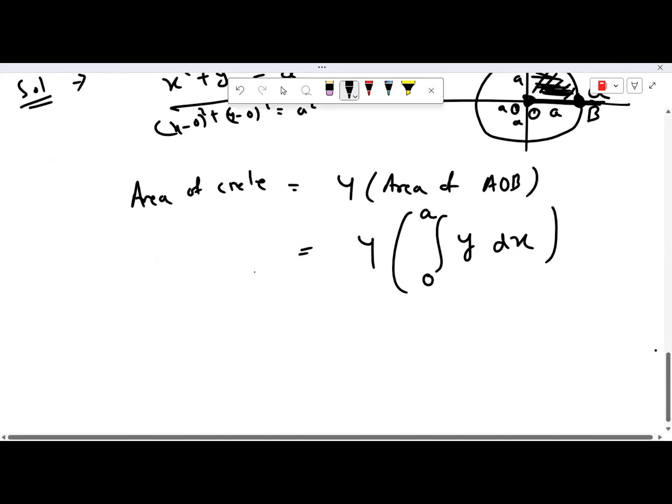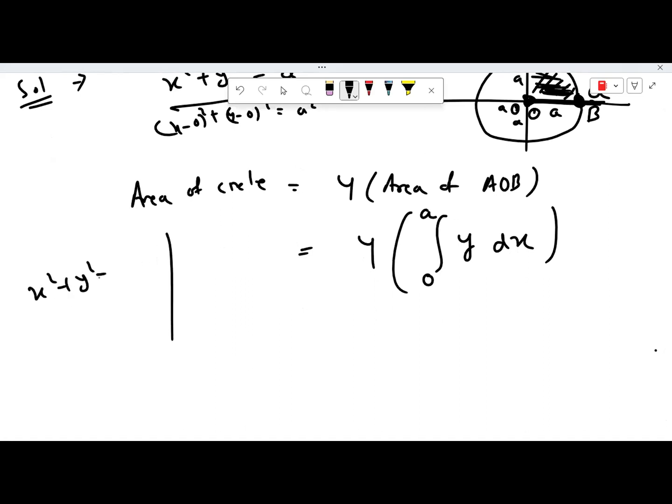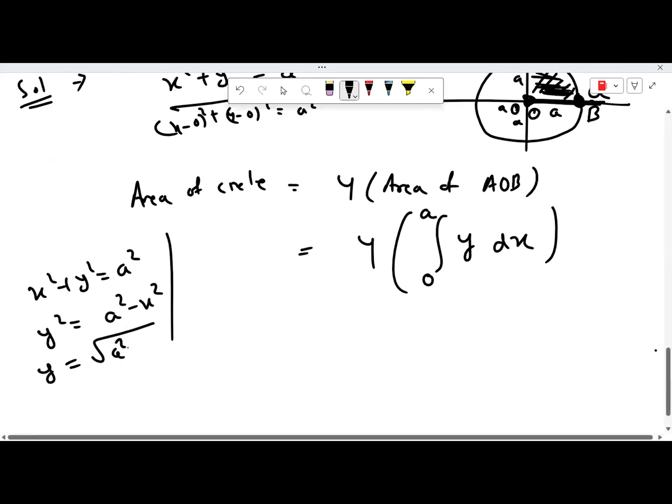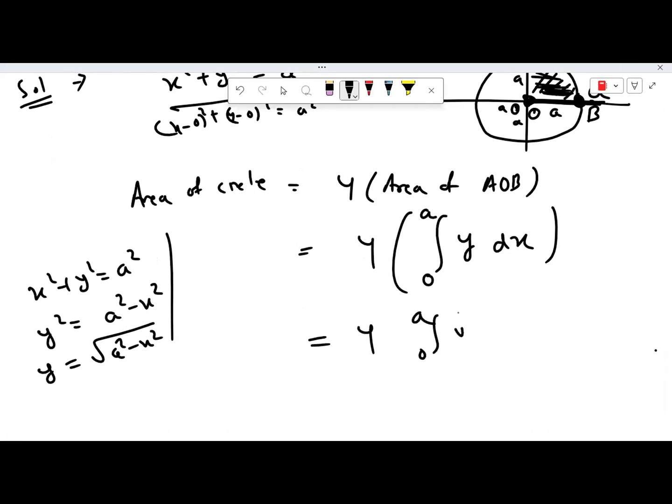Now let's find y. Very simply, the equation is x square plus y square equals a square. So y square is a square minus x square, and y is root of a square minus x square. Just replace the value: 4 times integration from 0 to a of root a square minus x square dx.